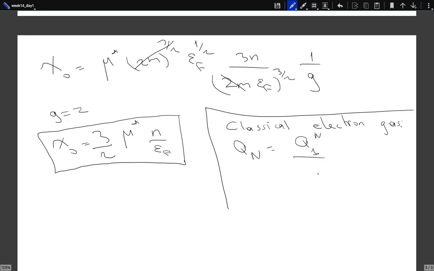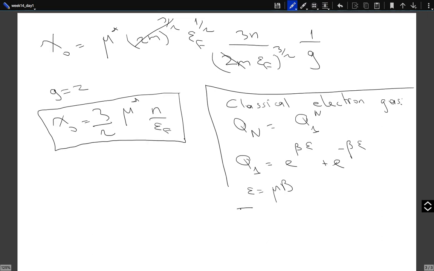So assume we just have spins fixed at certain positions, and Q1 was just e to the power beta epsilon plus e to the power minus beta epsilon, epsilon being mu times b. Now what we had was at zero temperature, all the electrons were aligned in the same direction. That's what we call the saturation. So as T goes to 0, since all of them were aligned in the same direction, the magnetization is basically n times mu star. This is the total magnetic dipole moment. Magnetization is the magnetic dipole moment per volume, divided by V.